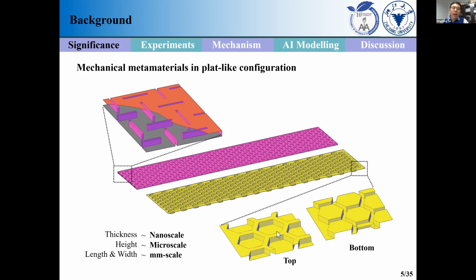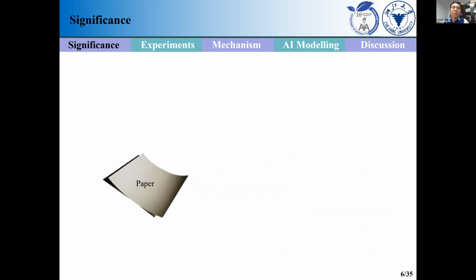So the height, the width, the thickness of the plates is at the nanoscale, and the length and width are at the millimeter scale. In other words, those plates have very large, extremely large aspect ratio, and this very large aspect ratio gives the plates very interesting performance.